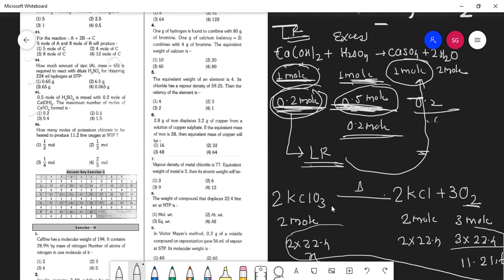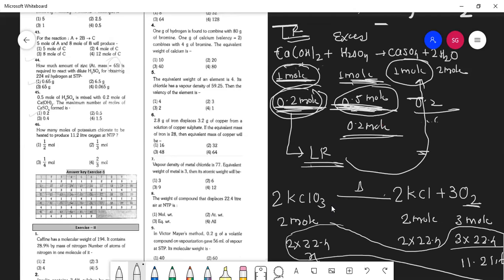So like this you solve, you'll get the answer. 22.4 will be cancelled. So 11.2 into 2, again it will become 22.4 divided by 3. So option 2.